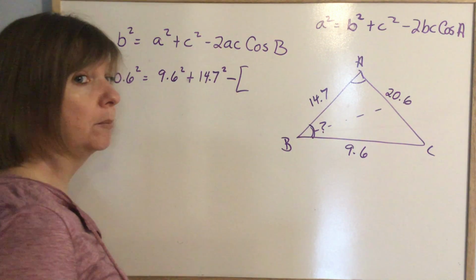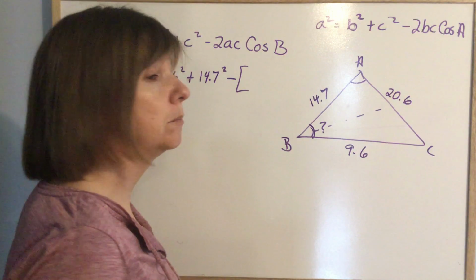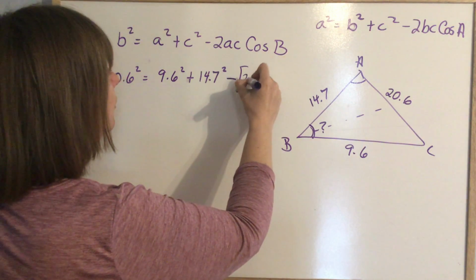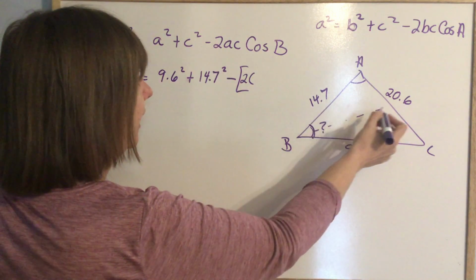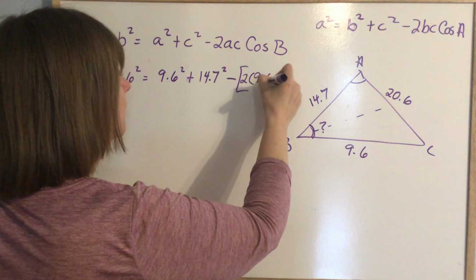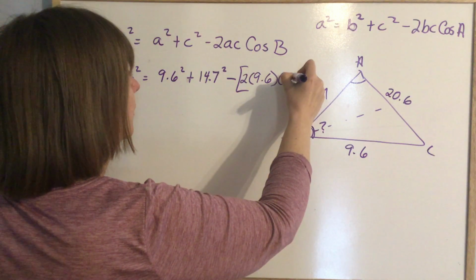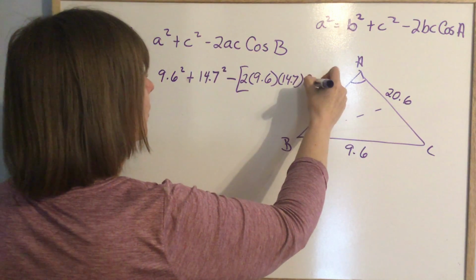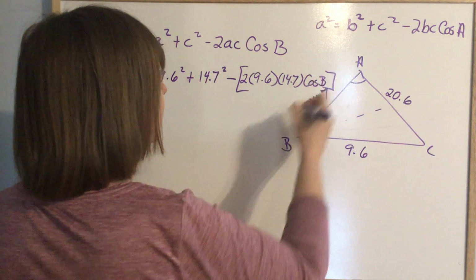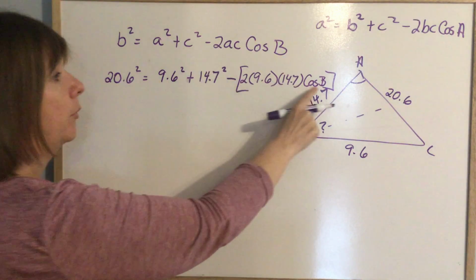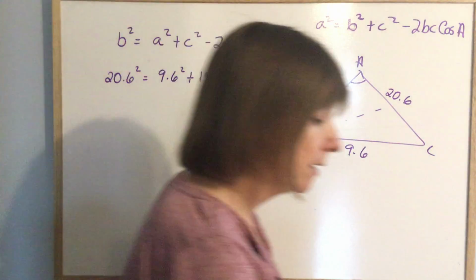Because again, I'm going to talk about a really common mistake that people make. So 2 times a, which is 9.6, times c, which is 14.7, times cos of B. So you can see the only letter all the way across here is right here.